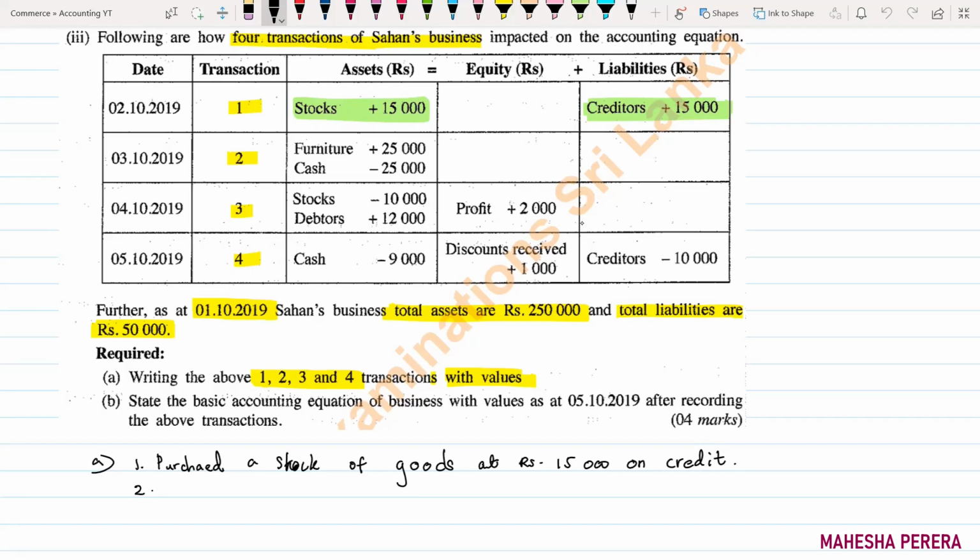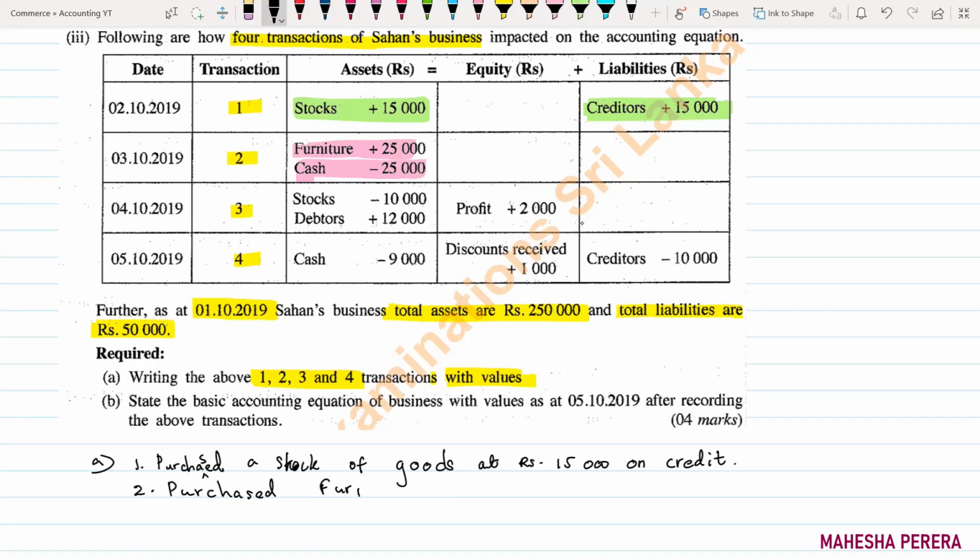Right, let's find out the second transaction. Look at the impacts. This is furniture plus, cash minus. So easy. It's about purchasing furniture on cash basis. Right, so you can say purchased. Here the spelling is wrong, purchased should be here. Purchased what?